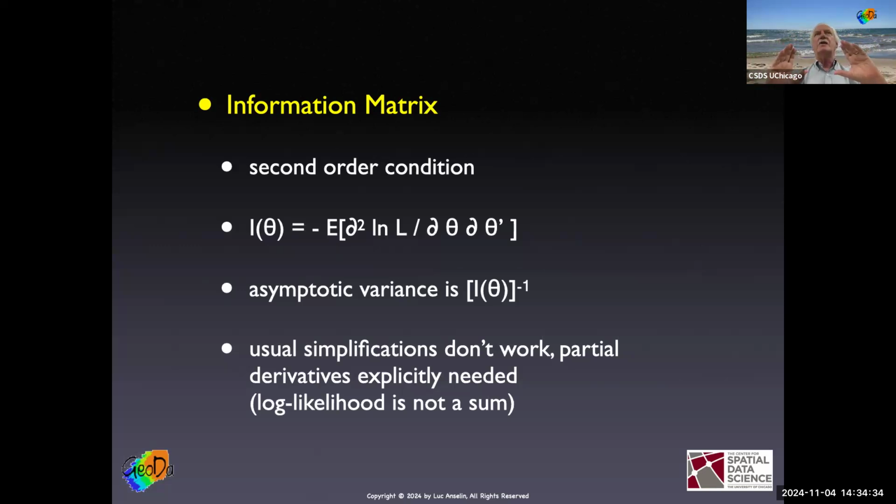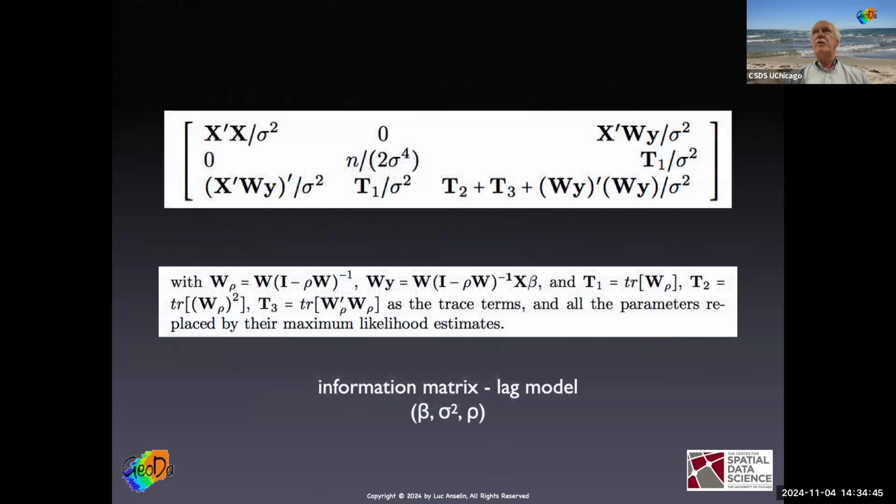Now, the good news is that we can see what this information matrix looks like. The bad news is, because the asymptotic variance matrix is the inverse, we don't know what that looks like. So, for your amusement, this is the form of the asymptotic variance matrix. I don't know how familiar you are with this, but this is X prime X. Remember, this is before the inverse.